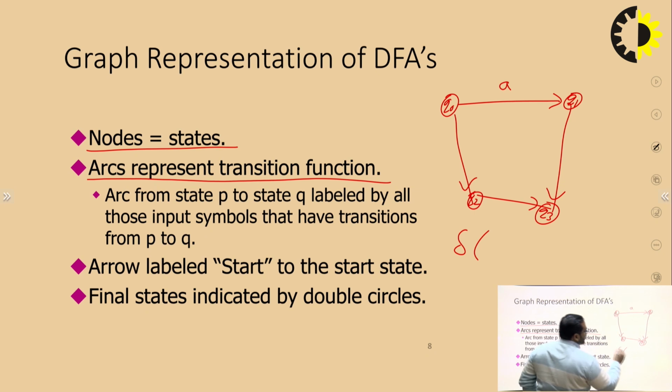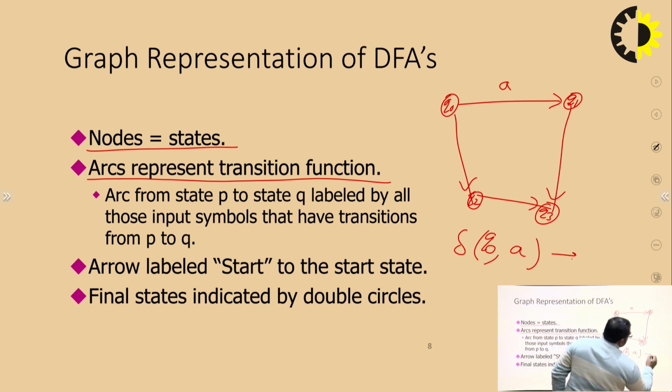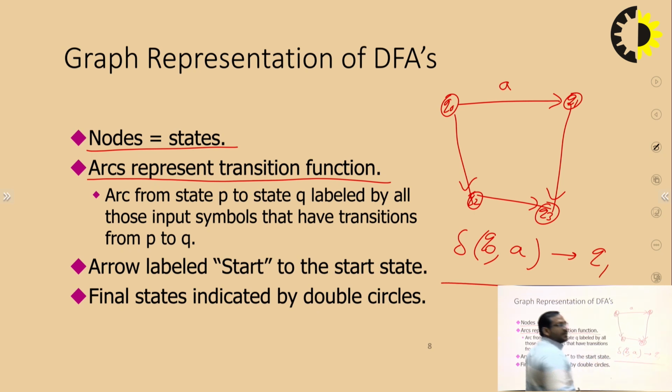Right now I am in the current state q0. When I give an input a, we go to the q1 state, right? q0 takes the input a, and q0 on a goes to q1. This is the way you can represent a transition graph.